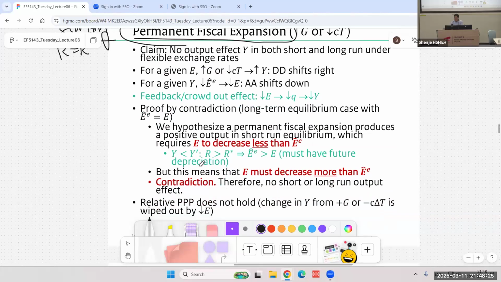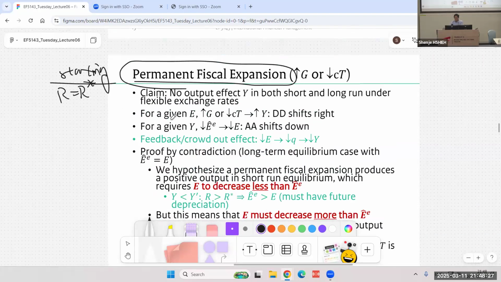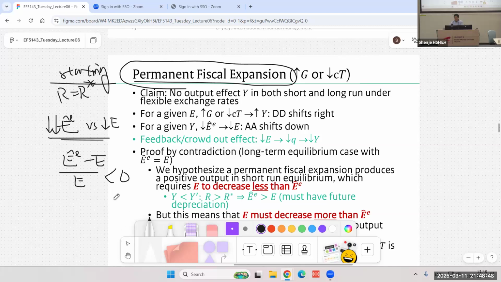We have a situation in which the decrease in E hat E is a lot, but the decrease in E is only a little bit. That's how you get an output according to the picture. If that's true, then E hat E minus E over E is negative, right?